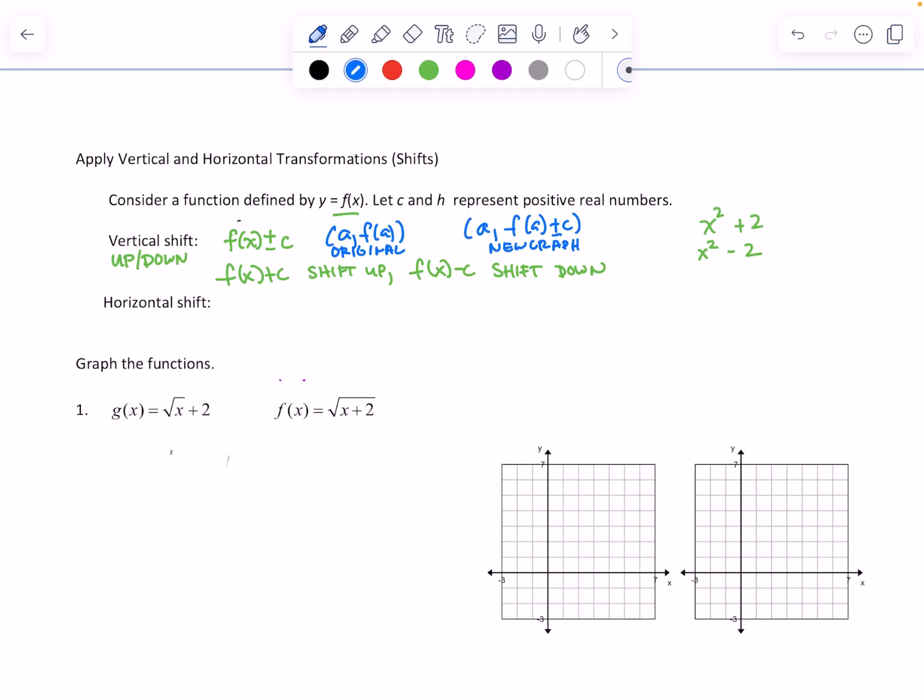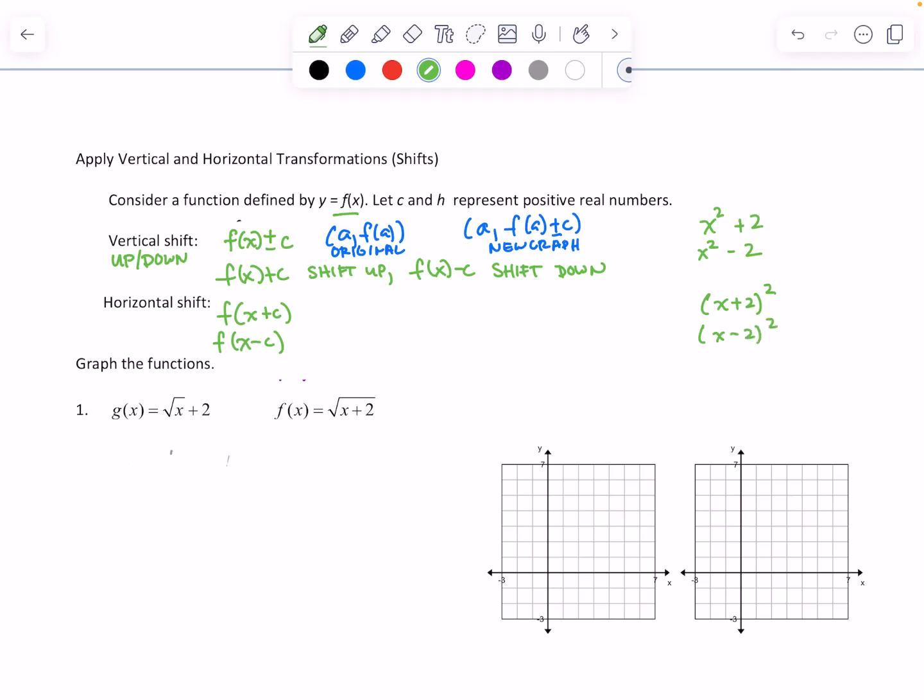Horizontal shifts are a little bit different. We're going to recognize these as looking like f of x plus c, with the plus inside the parentheses, or f of x minus c, with the minus on the inside of the parentheses. So in comparison to what we had before, x squared plus 2 and x squared minus 2, these are going to look like x plus 2 all squared and x minus 2 all squared.